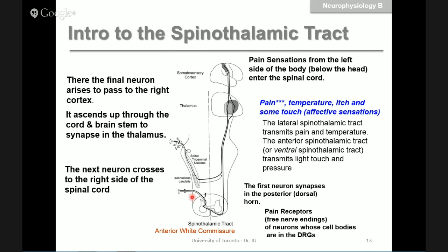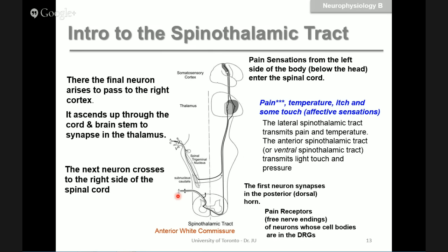Does this tract switch, cross over, decussate in the spinal cord, or does it do it higher up, at the level of, for example, the brainstem or the thalamus? Where does it do that? And if it is traveling and sending information up the spinal cord, what region of the spinal cord is it doing so? You can see that this is conveying information from the A delta axons and the C axons.